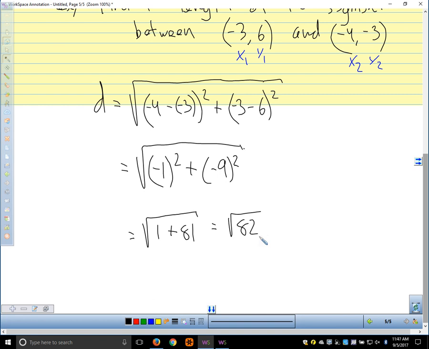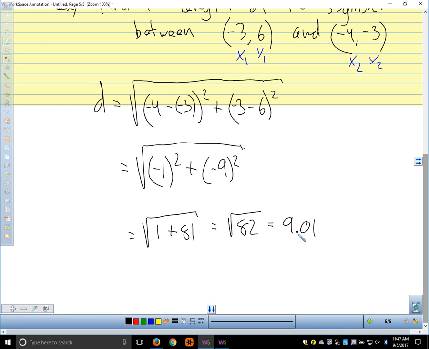And that should be just a little bigger than 9. So I plug that in my calculator, square root of 82, and I get about 9.01, rounded to the 100th.